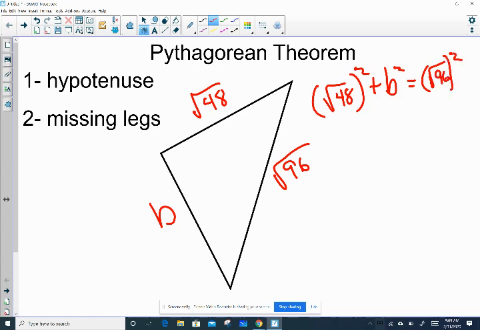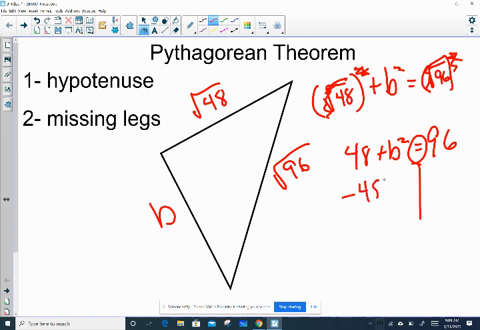Remember, parentheses are important, especially when you're using a calculator. However, because we've learned this in the past, we know that when we square a square root, we get what's left underneath. So we get 48 plus b squared equals 96. So now I'm just going to go ahead and solve like I have in the past. Minus 48, minus 48. I get b squared equals 48.